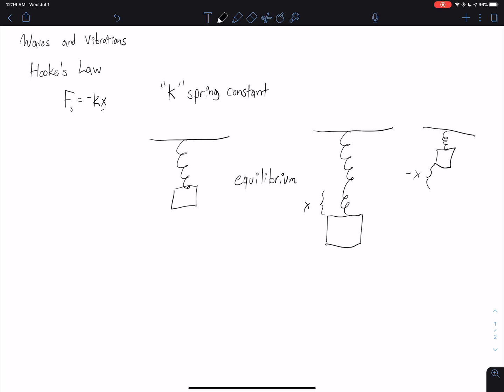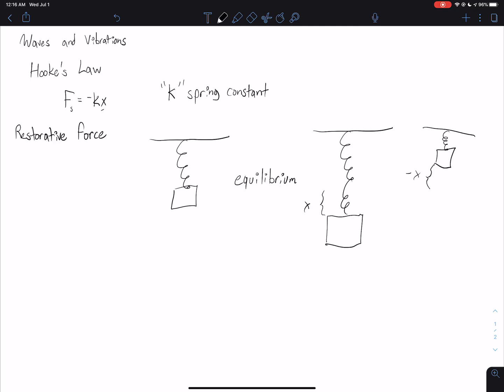This equation is something that we call a restorative force. Okay? So what is a restorative force? It simply means that this force is always working against the direction that you are moving. It kind of wants to bring things back to the way they were, right?